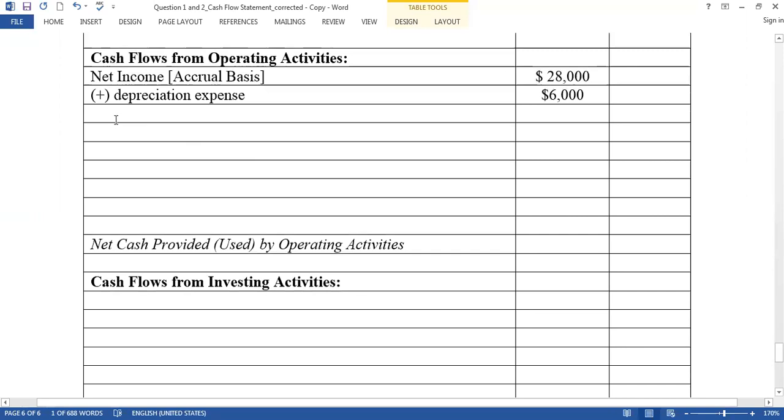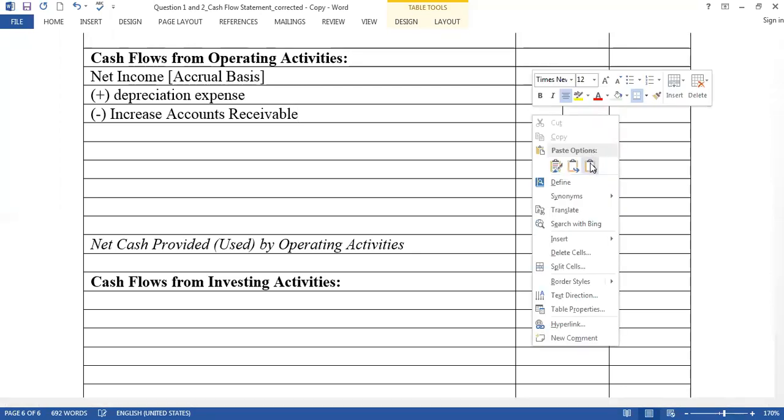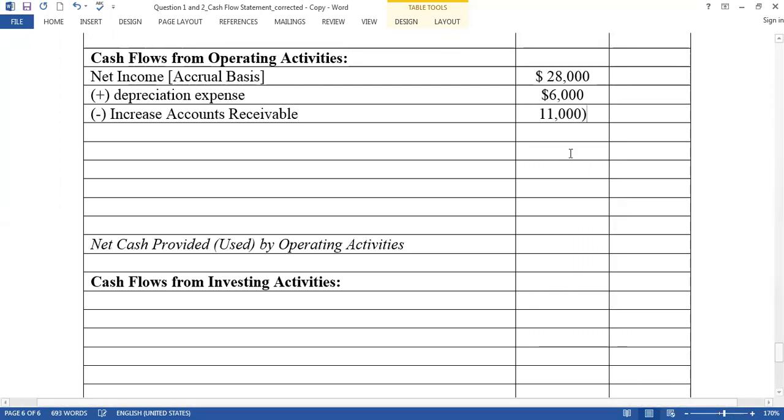So minus, increase in accounts receivable. Increase in accounts receivable means this cash does not belong to you.